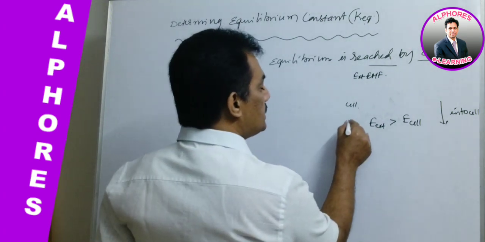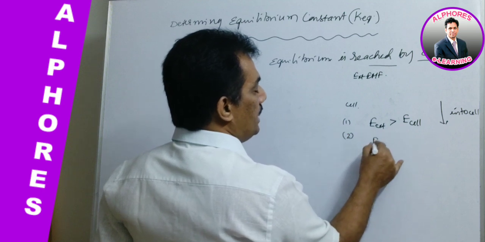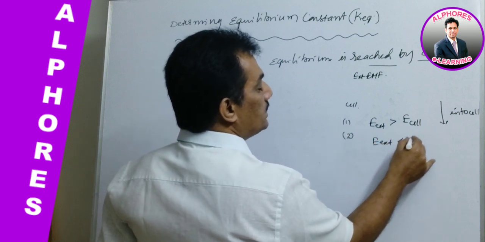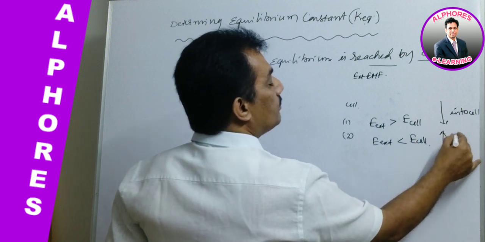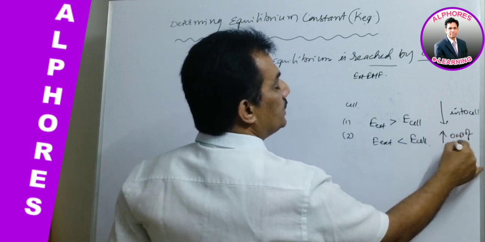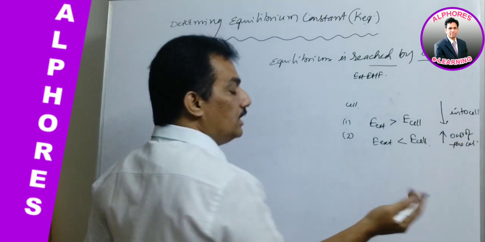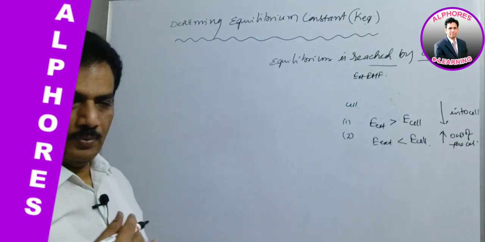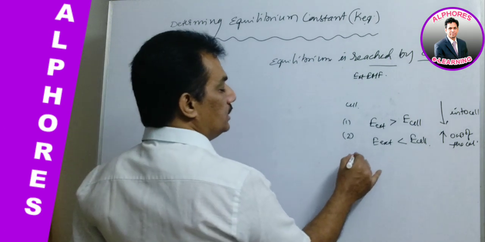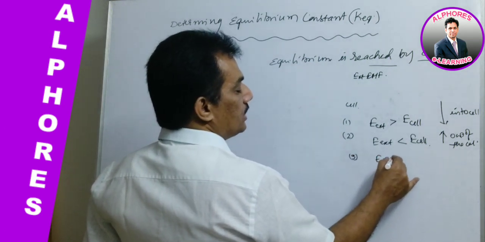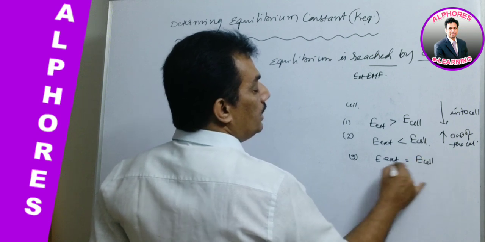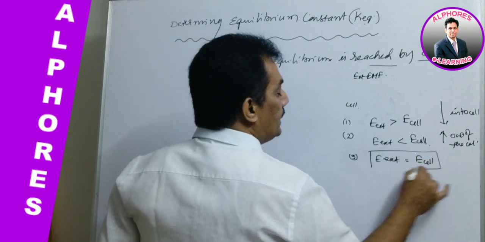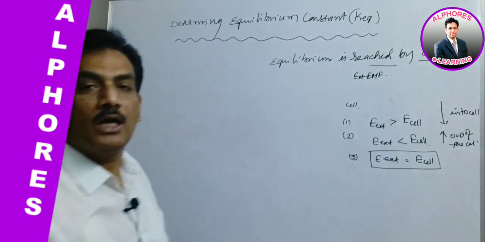The second case is when E external is less than E cell, then current will flow out of this cell. That is, current will be generated from this cell. And the third condition is when E external is equal to E cell. Here we observe the attainment of the equilibrium condition.